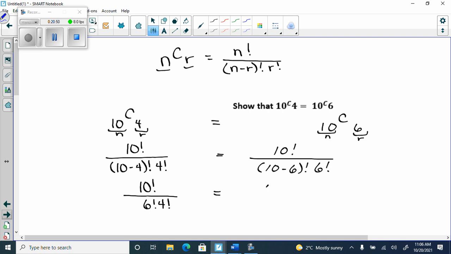So I'm going to get 10 factorial over 4 factorial, 6 factorial. Are they the same? My one denominator is 6 factorial, 4 factorial. My other denominator is 4 factorial, 6 factorial. How are they the same? They just are. 2 times 3 is 3 times 2, right?